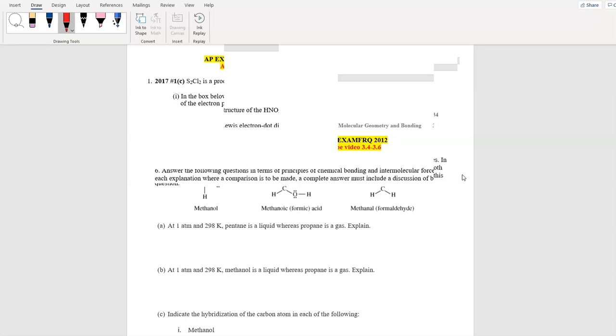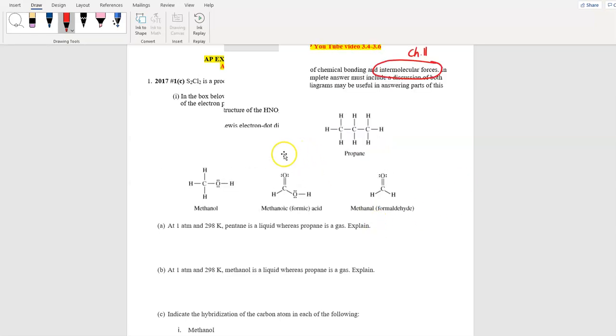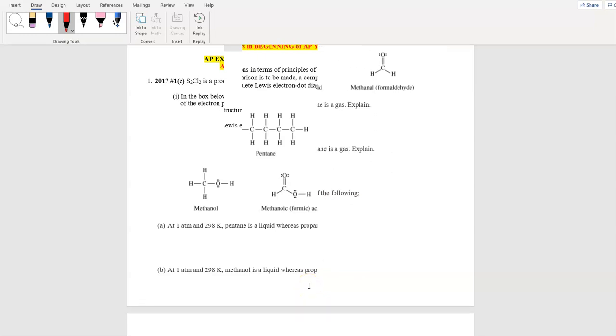It's probably one of the most important topics of chemistry of all time, but it's very hard to understand if you can't draw. So if you can draw, you have a great understanding of what's about to come, okay? So they gave you 5 different molecules, and then you answered the questions about it.